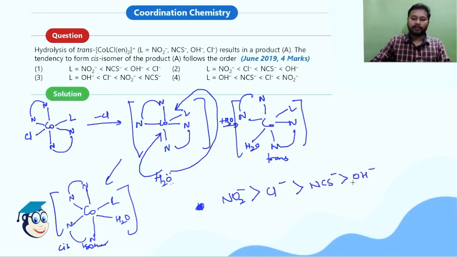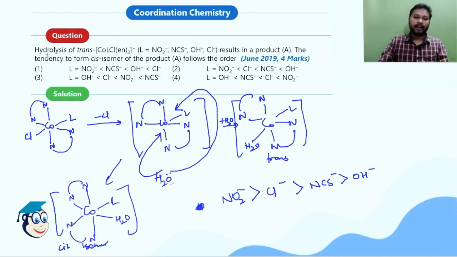So this is the trans series. What is the trans series? It tells you that if you have a ligand and another ligand is present trans to it, this particular ligand given in the series has a tendency to make that trans ligand leave the reactive site. So that's what it means.